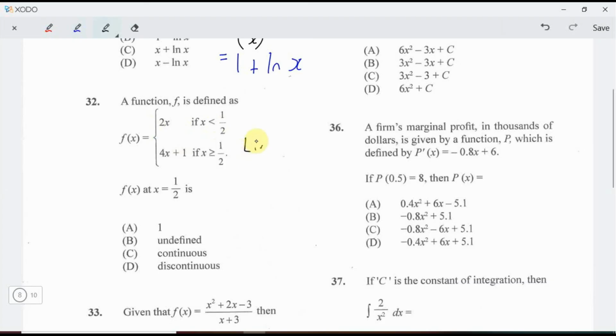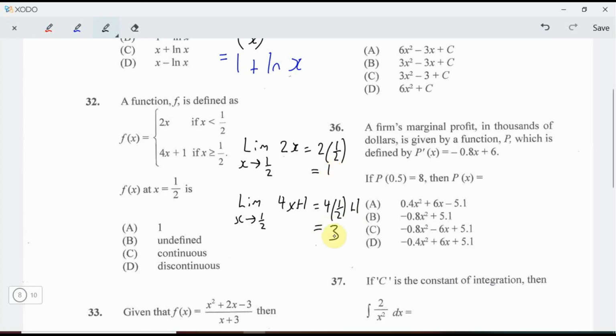So first thing I'll evaluate is the limit from the left side. The limit from the left side of f of x would be 2 times a half, which gives me 1. The limit from the right side is 4x plus 1. When I put that in, I get 4 times a half, which is 2, plus 1 is 3.